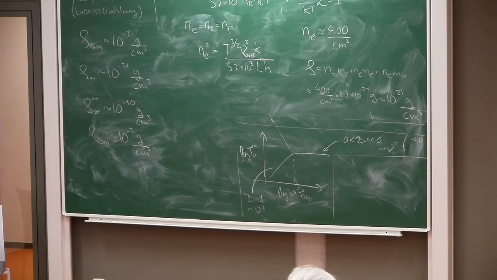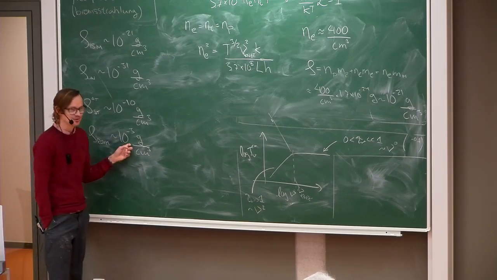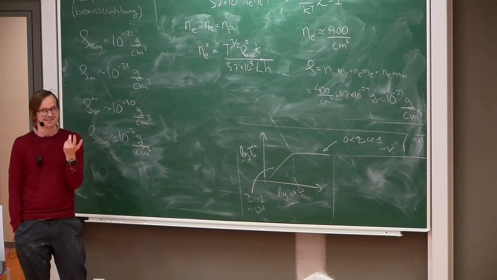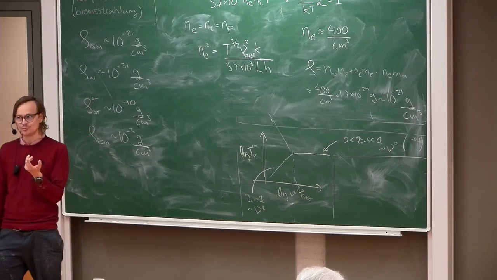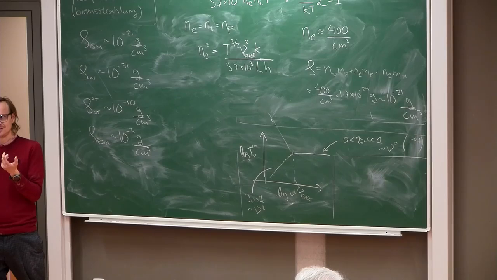Now, on the other hand, I cannot say that I really understand what it means to have a mass density of 10 to the minus 21, which is like 18 orders of magnitude lower than the mass density in this room. That is 18 orders.